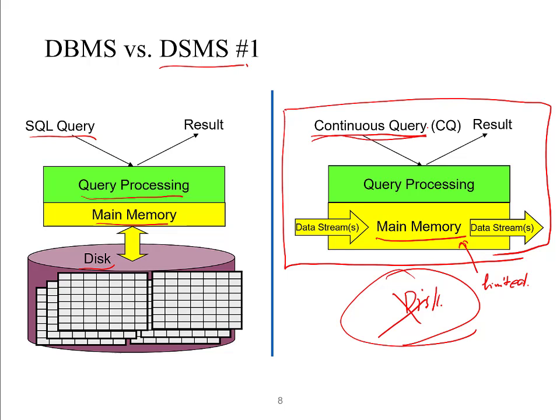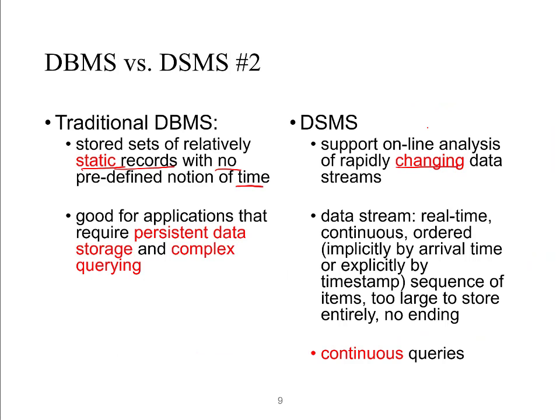So it is very different from a traditional DBMS. So traditional algorithms, ideas, or strategies that have been used for DBMS, many of them you cannot use in DSMS, as you will see later.